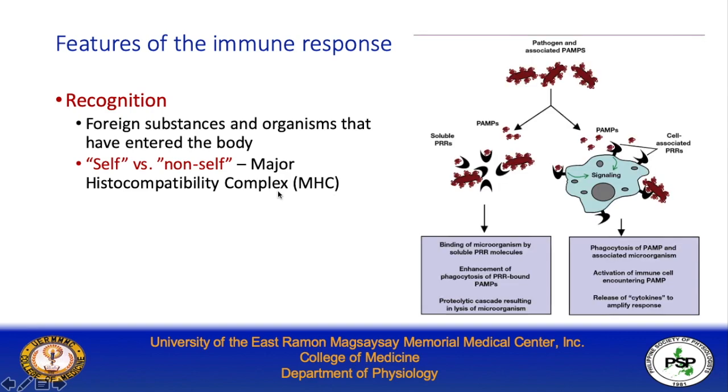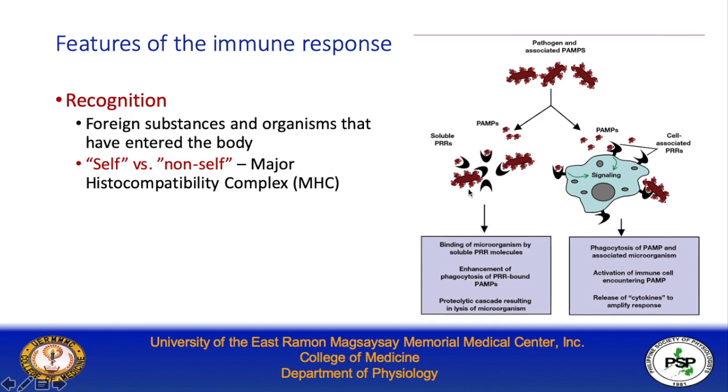So this is an example of how our immune system recognizes these foreign substances and organisms. Usually these foreign substances and organisms have what we call your PAMP, or pathogen-associated molecular patterns.